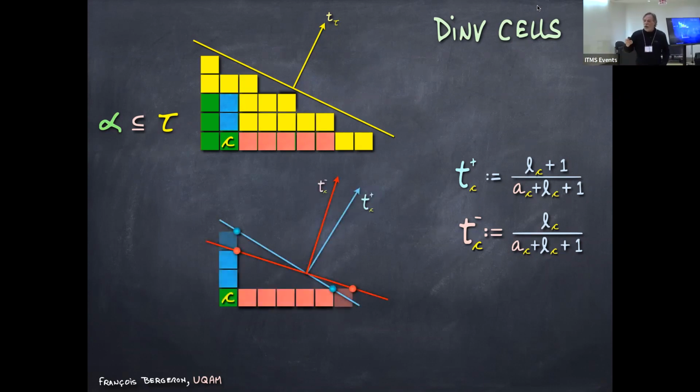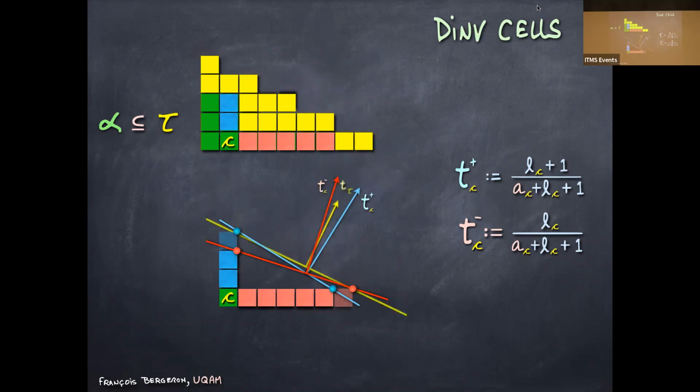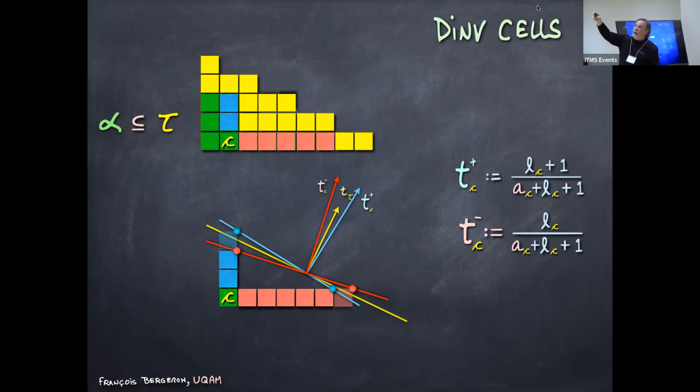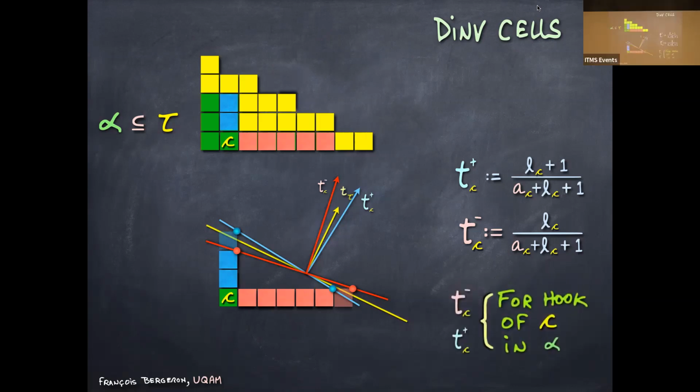So you do the picture that we had before, but using the hook of C inside alpha, and then you check that the triangular slope associated to the big triangle is compatible. So it comes down at the end to comparing three numbers and seeing if it's okay.